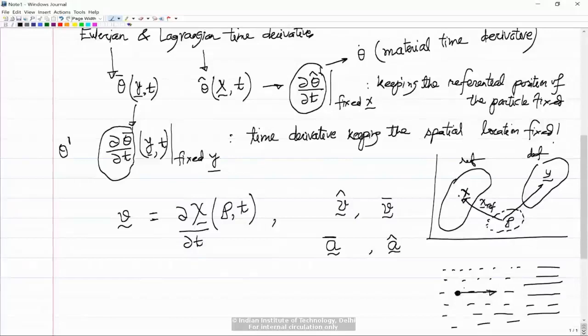So therefore, its current position y is a function of time, right? You would say y for this particle P is a function of time. But when you ask what is its reference position, that is not a function of time. Reference position is here. That is not a function of time. It is set by you and it is fixed.